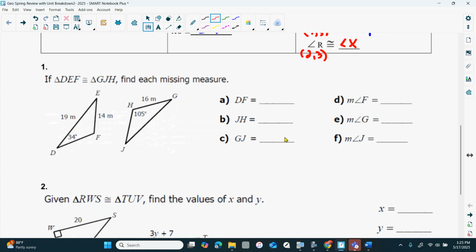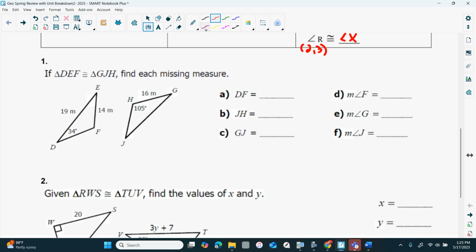Okay. So like problem number 1 here, this congruency statement is important because I can match up the letters to find the congruent parts. So if I look here, it's talking about DF, right? That's the first and last letter. That would go with GH.